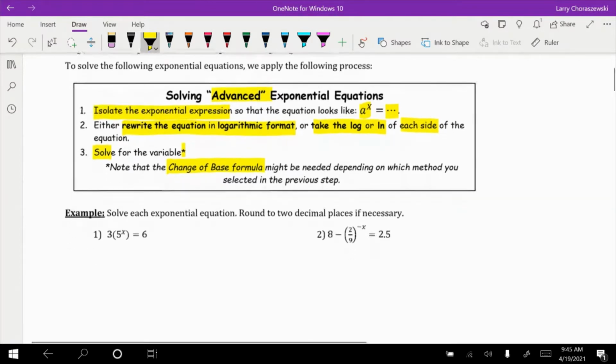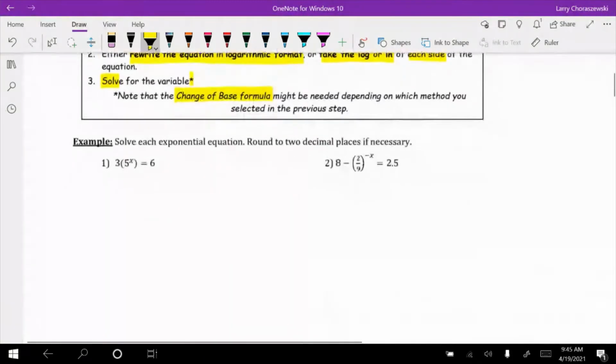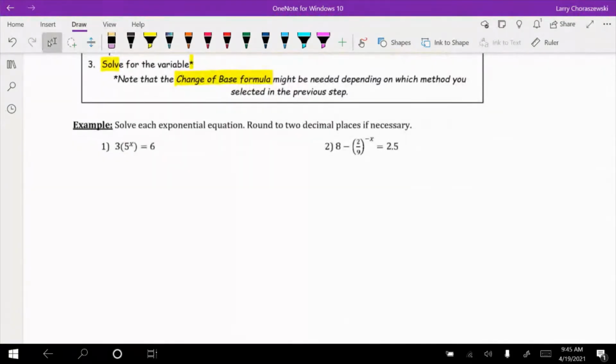So without further ado, let's look at some advanced exponential equations. In problem 1, we've got 3 times 5 to the power of x equaling 6. Before we consider step number 2, we have to make sure that the exponential expression is isolated. Our exponential expression in this case is 5 to the power of x.